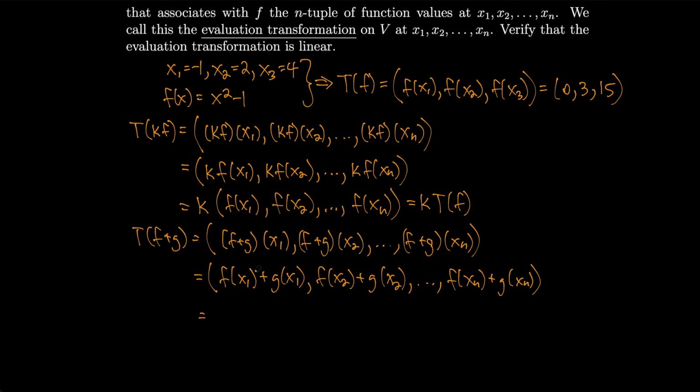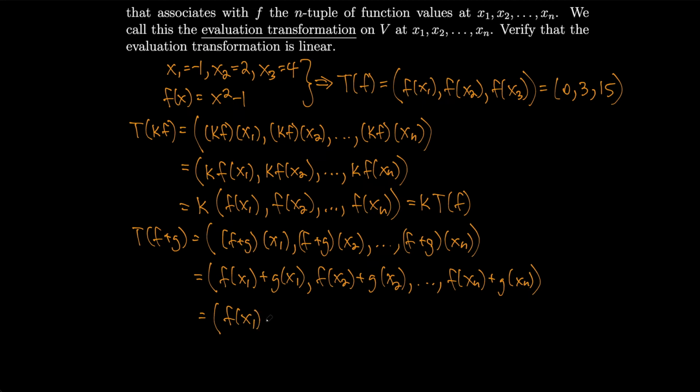And we can separate out addition for tuples, right? I could just take all of these first components out and add them to all of the first components, or the second component separately. So I'll take all of the f's, f of x1, f of x2, oh wait, I don't need that second parentheses, that should be an f.